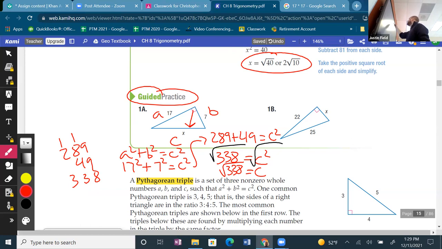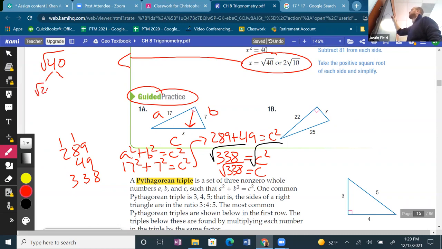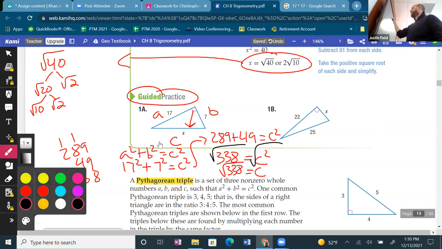So let's start with that. The square root of 40 is equal to the square root of 20 times the square root of 2, right? Because 20 times 2 is 40. And then the square root of 20 is equal to the square root of 10 times the square root of 2. Well, hold on, wait a minute. The square root of 2 times the square root of 2, what is that?